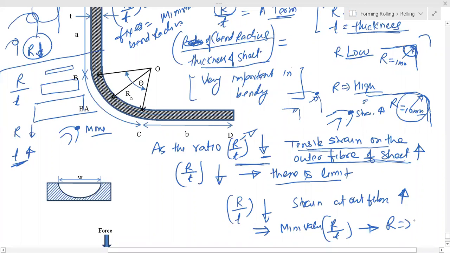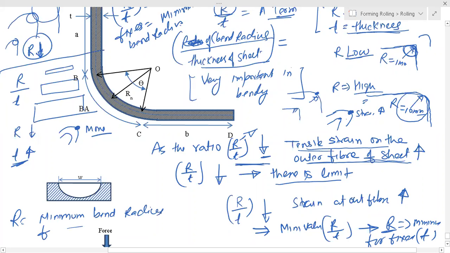So R minimum, for a given thickness T, for fixed T, is called the minimum bend radius for that particular thickness.